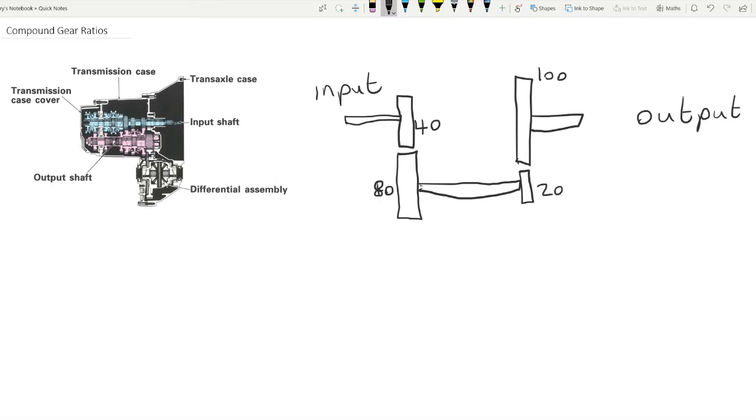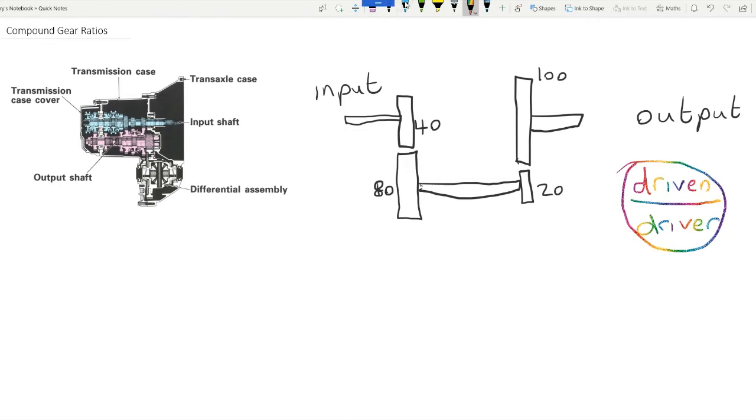If you can multiply and divide, you can do these calculations. So it's still the same, we're still going to use our driven divided by our driver gear. That is our formula there.